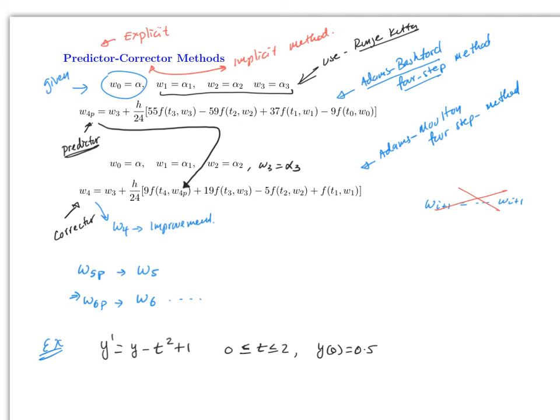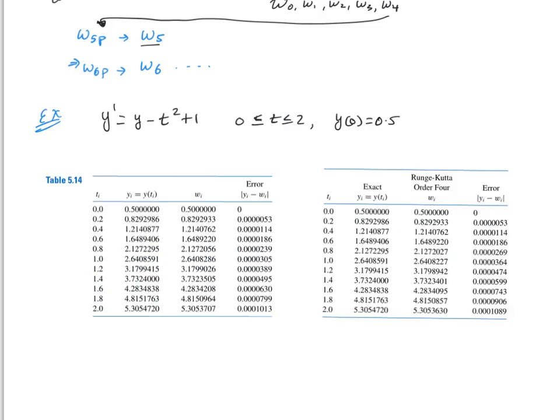And then once you do that, now you will have W0, W1, W2, W3, W4, and then from here, the next step is to get W5P first, then you find W5 and so forth. So you do that, you get the following table.